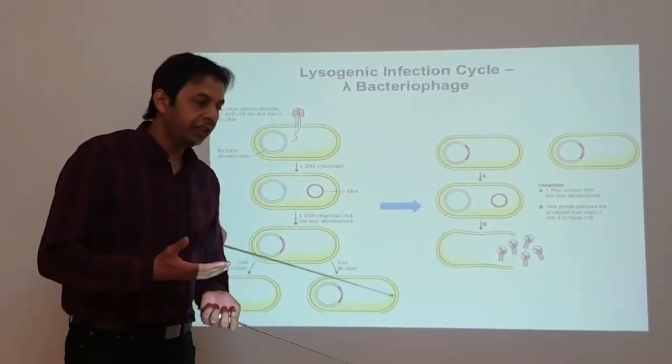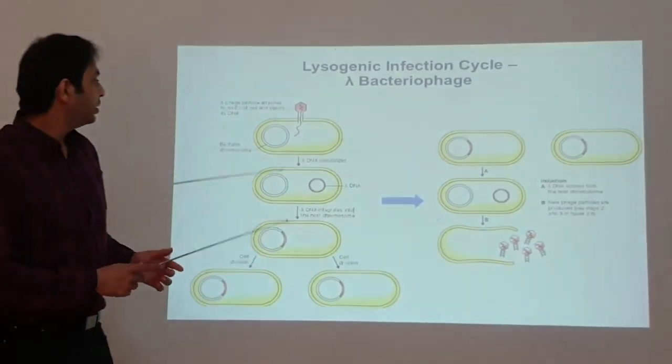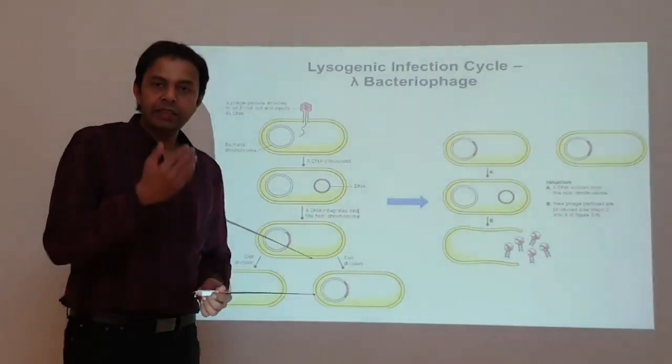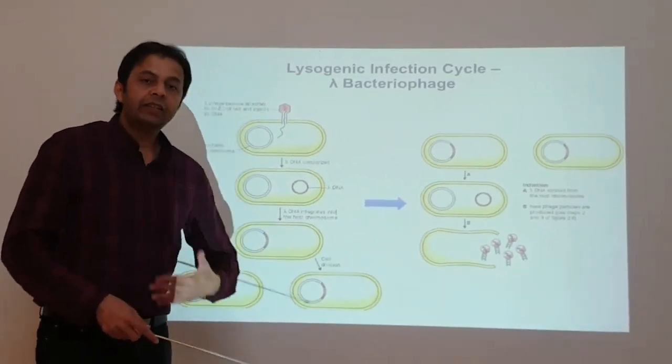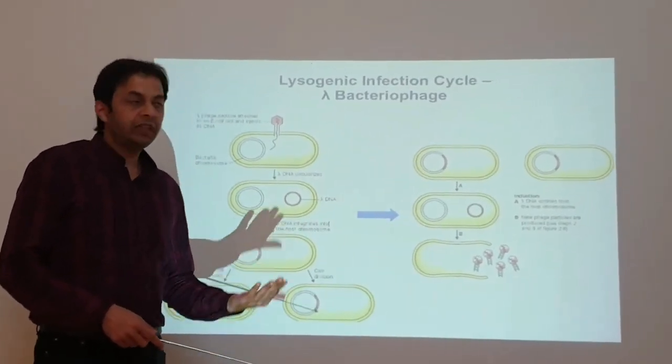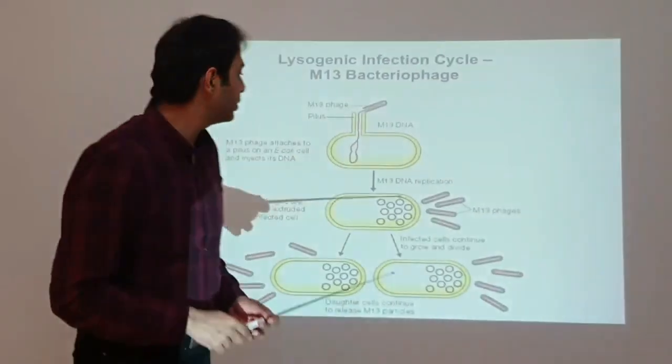Another major difference between the lytic and lysogenic life cycles is that once the DNA is injected into the bacteria, that DNA replicates itself. I can go back to the previous slide.